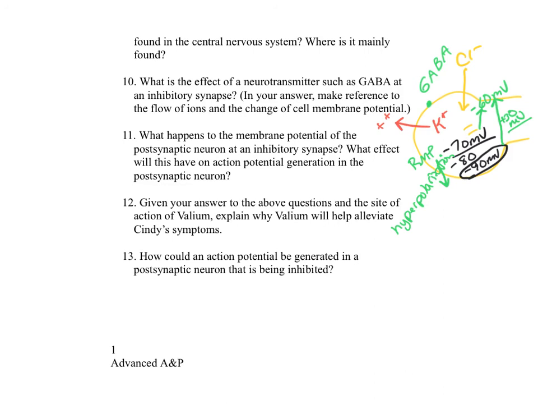But if you have a stimulus large enough to open enough sodium channels, so you get enough sodium pouring into that cell, the membrane potential could move up from negative 90 all the way up to negative 60 millivolts, reach threshold, and then generate an action potential. This ends our case studies for Chapter 12.